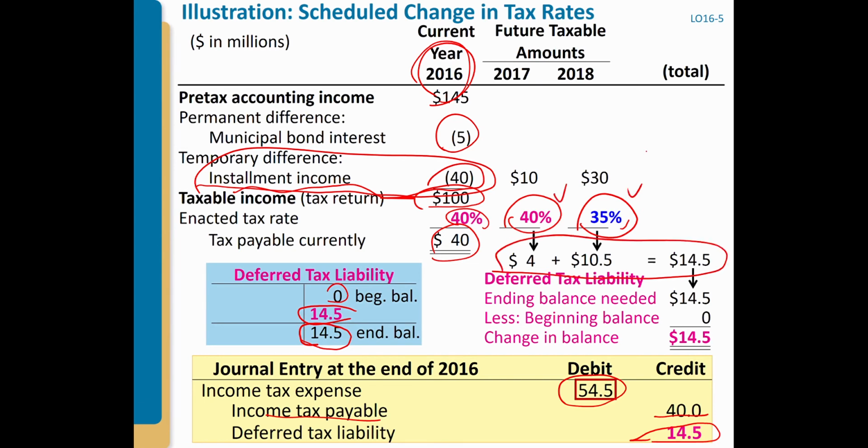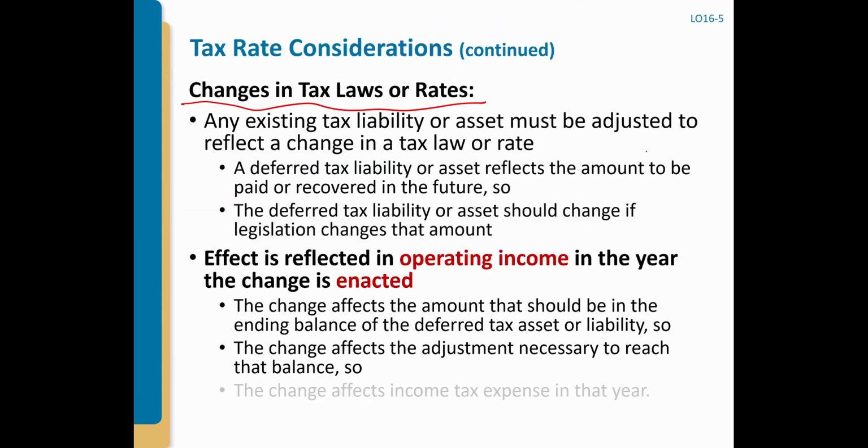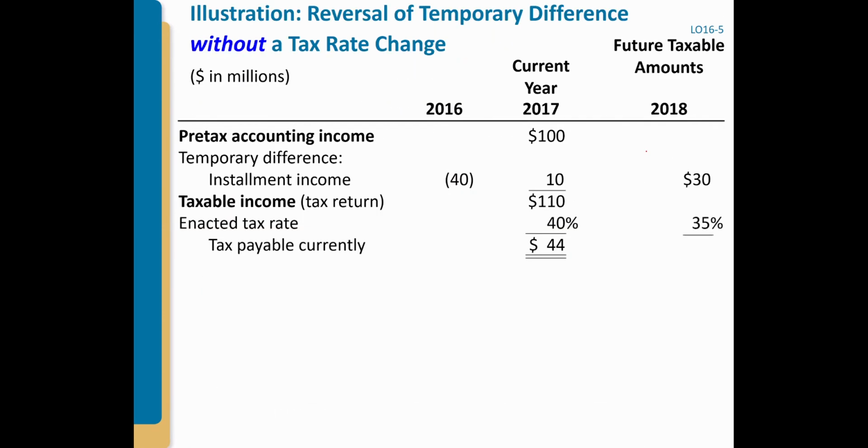So how about 2017? Let's look at 2017. This is the current year 2017, right? Let's say pre-tax accounting income is 100. And then remember the temporary differences. Now we need to pay tax on 10, right? Remember that 10, we collect payments, right? $10 million from that installment sales. Now we need to pay tax on 10.